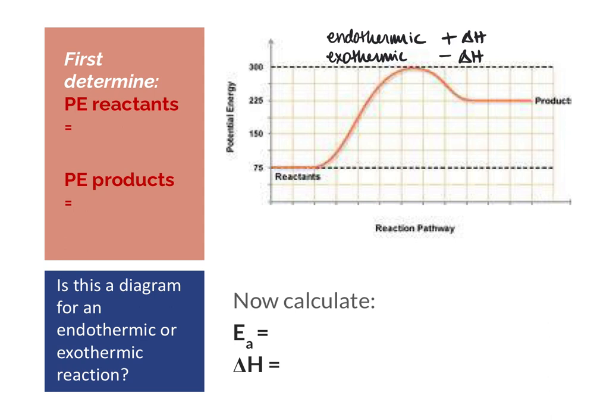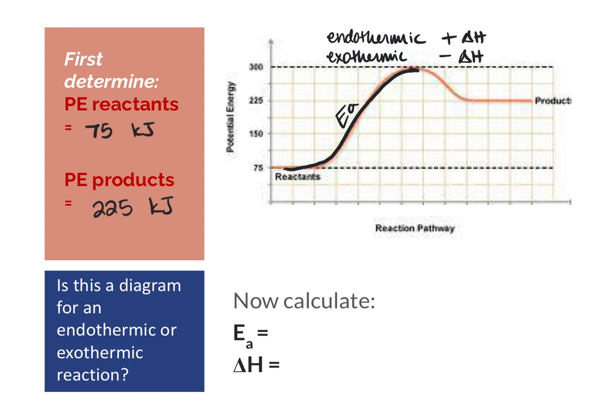Let's look at this reaction first. If we look at our reactants, they're at 75 kilojoules, and the potential energy of my products is 225 kilojoules. If I'm trying to figure out how much energy it takes to get from reactants up to the activated complex up here, that's going to be EA, or what's called activation energy.